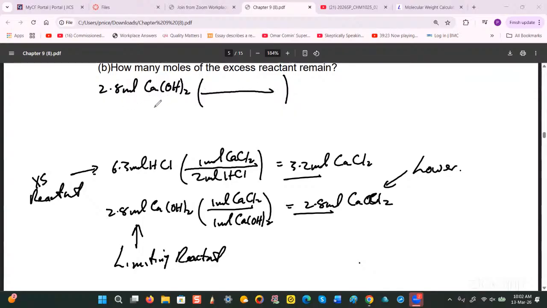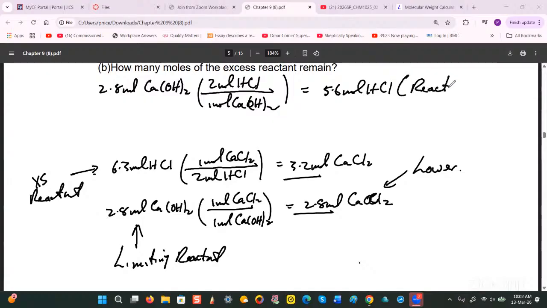The ratio is 2 moles of HCl above, 1 mole of calcium hydroxide below, and that gives you 5.6 moles of HCl.